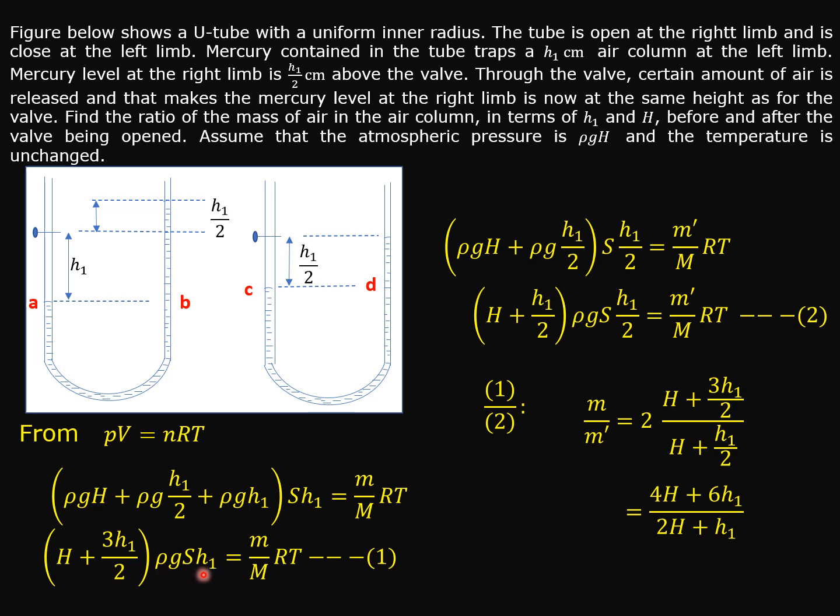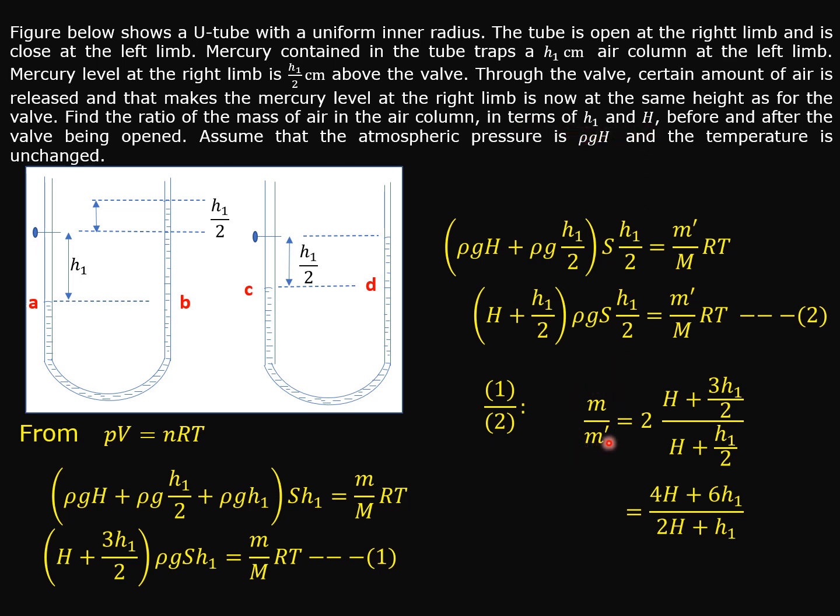The rho g S H1 and rho g S H1 cancel. And 1 divided by this half, you get 2 here. And the bracket H plus 3H1 over 2 is divided by H plus H1 over 2. If we simplify all these things on the right hand side of the equality sign, we get 4H plus 6H1 divided by 2H plus H1. This is the answer we want in terms of H1 and H.